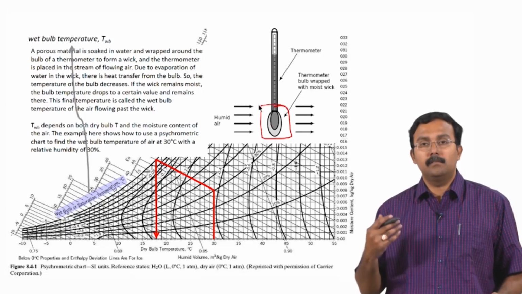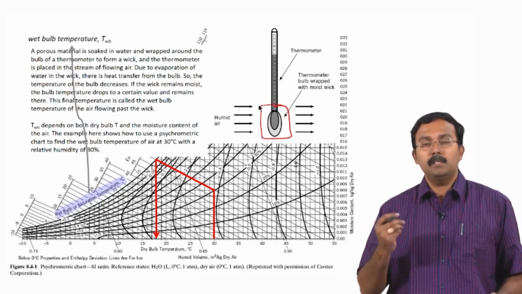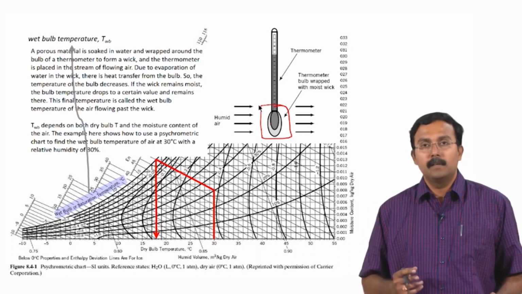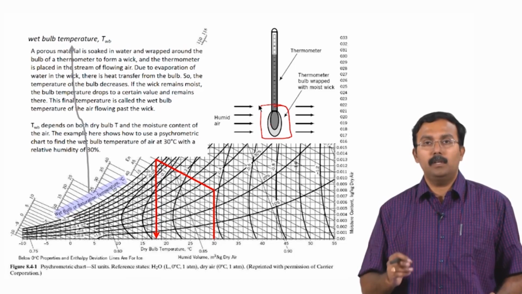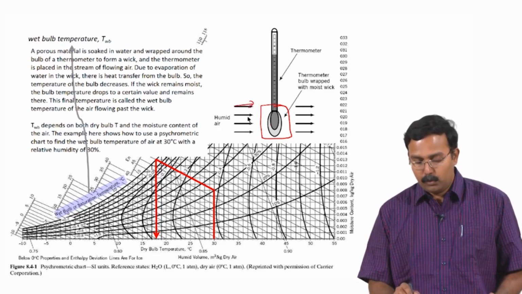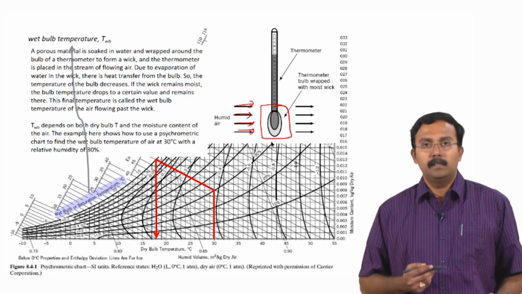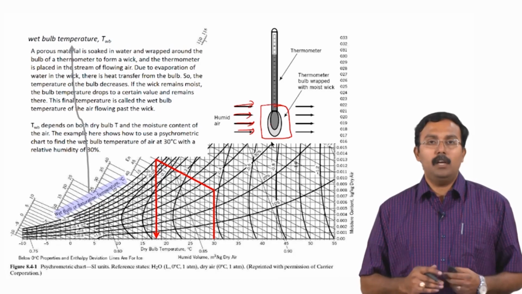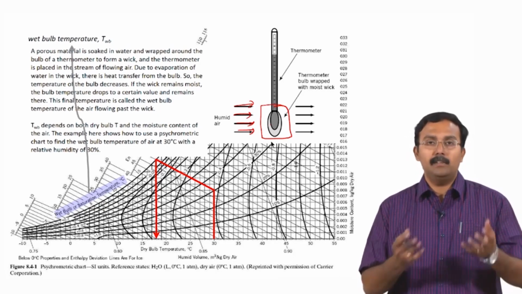It could be cotton or some cloth which is always going to be moist. So, this would have to be maintained moist by adding some water to it. What happens is when the humid air flows past this thermometer, some of the water is going to get evaporated, because if the humid air is not under saturation, you are going to have more water getting evaporated.